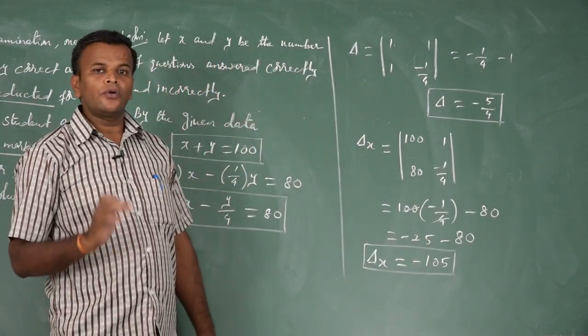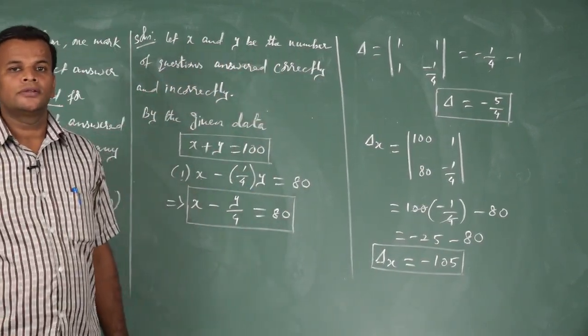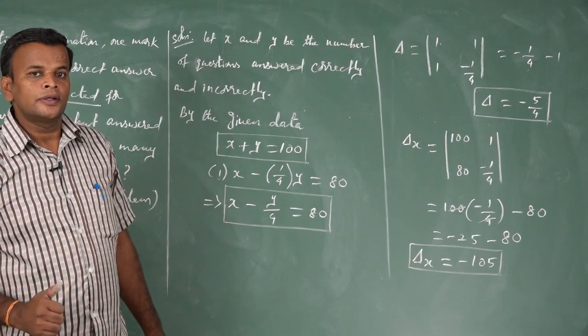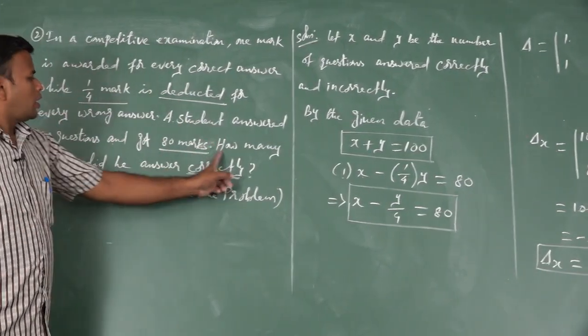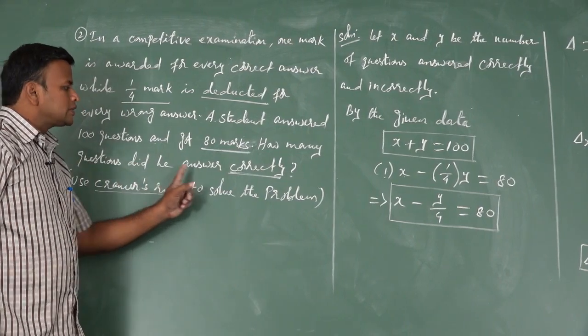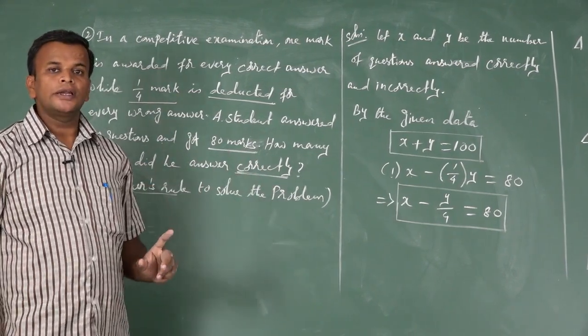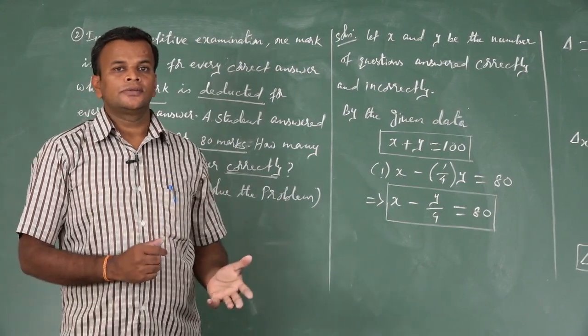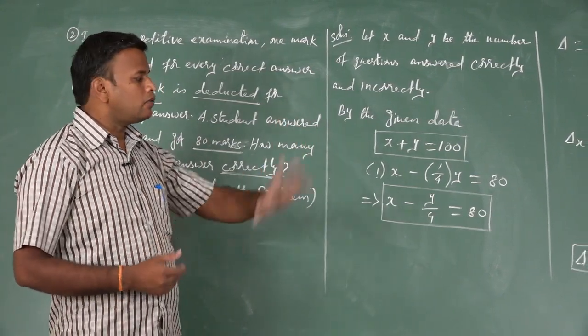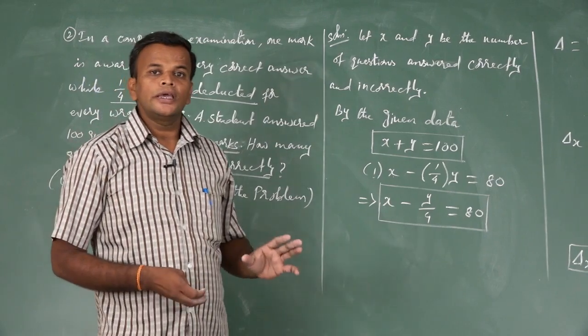In this question, no need to find del y. Why? Because our question is to find how many questions did he answer correctly. We find only the number of correct questions, so no need to find del y, because we need only x.